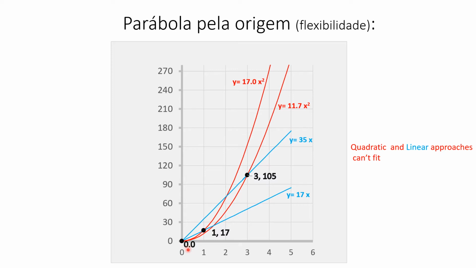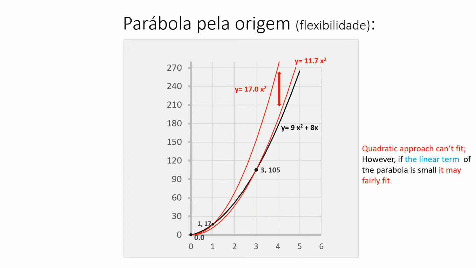And if you try to see the performance of the quadratic, which doesn't have the bx, it has only the ax squared, it either passes through one point or passes through the other point. So none of those two approaches, the quadratic or the linear, can accommodate the 3 points very well.